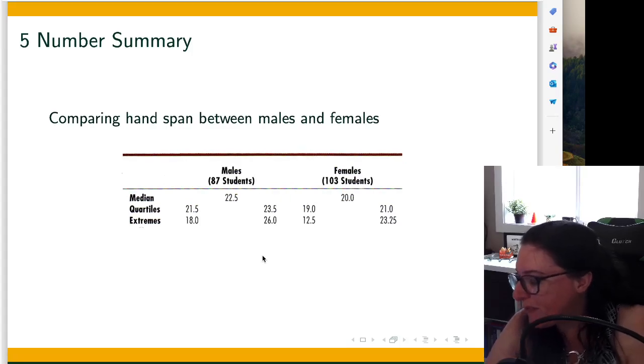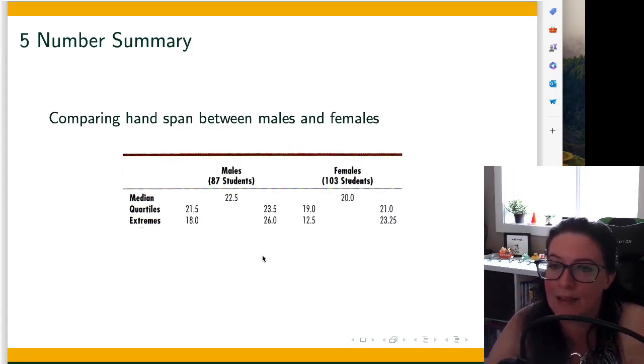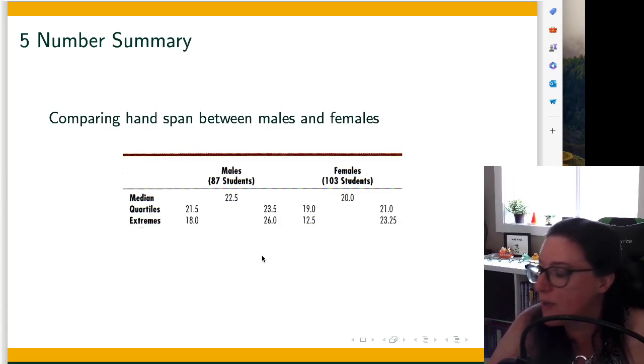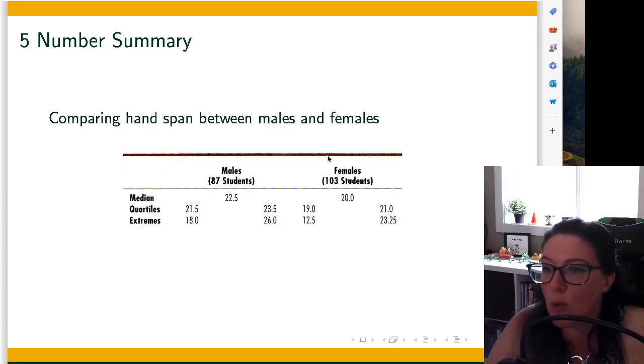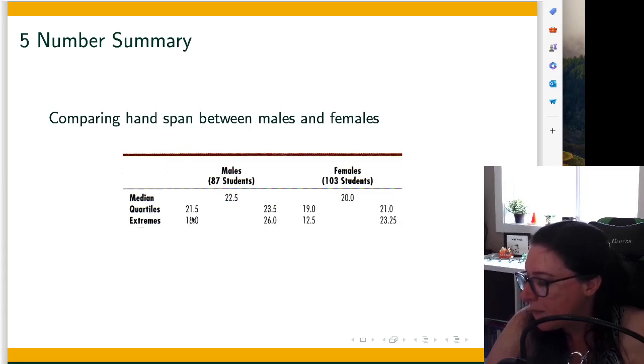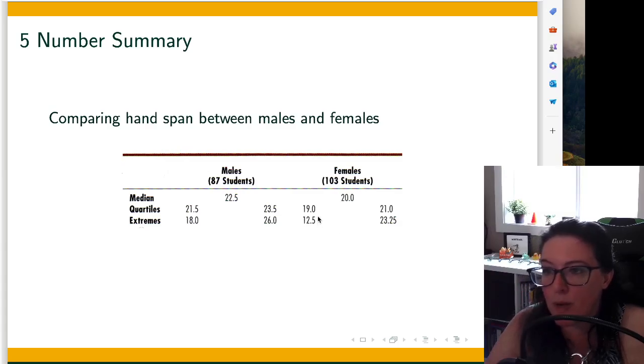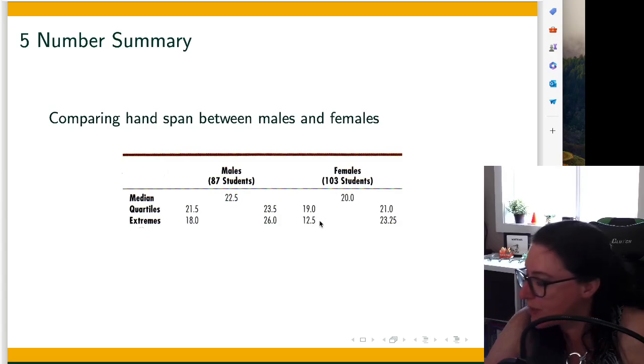So for examples of 5-number summaries, here's that hand span between males and females. If you're comparing the male and female students, you can see here that the median is lower for the female students. You can see that there are some extremes here for the female students at 12.5 compared to the lowest number for males at 18.